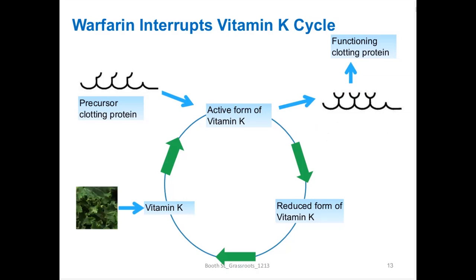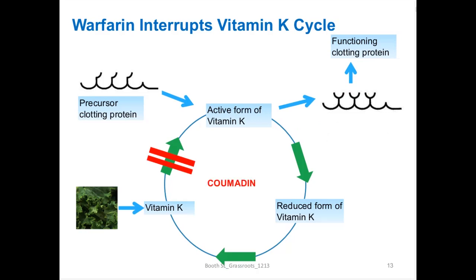So again, here's your green that comes in as vitamin K into your body. It's changed to an active form, which converts a clotting protein, because many of the proteins we require for blood clotting require vitamin K. It converts that clotting protein into a functional clotting protein, so the blood clots, and then it gets recycled again.